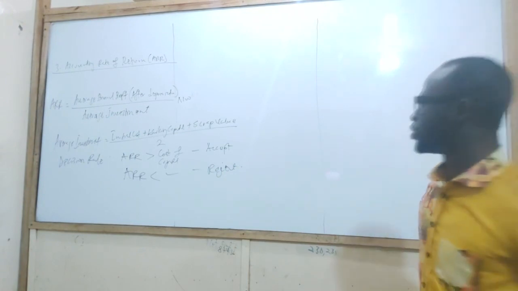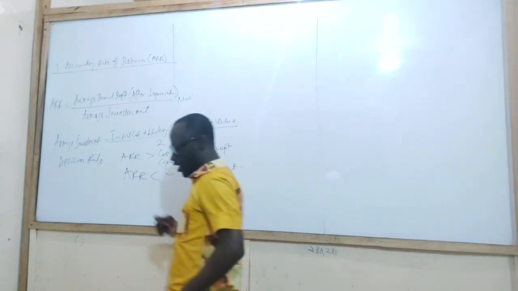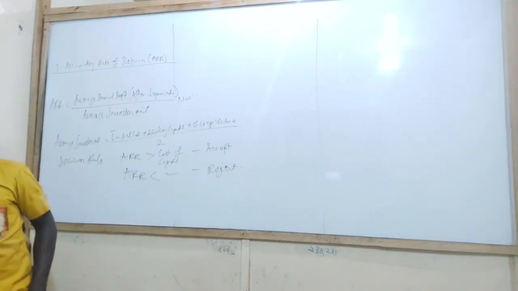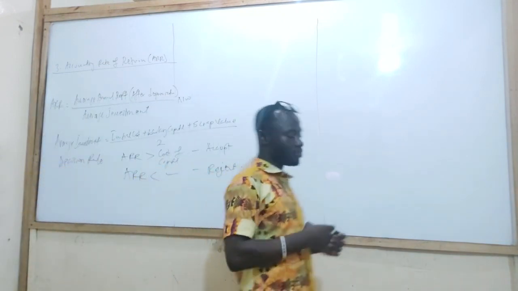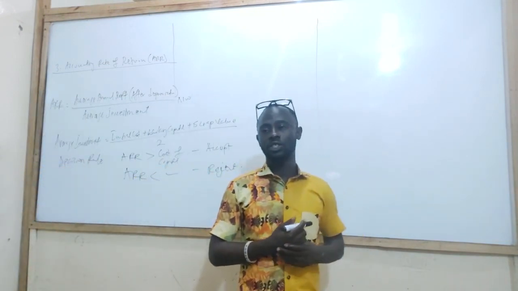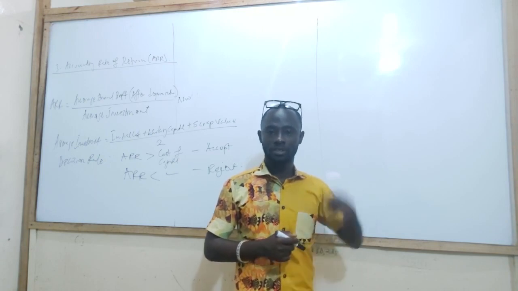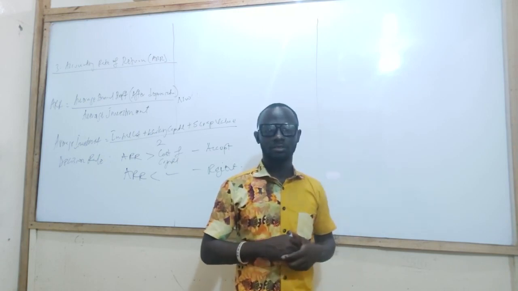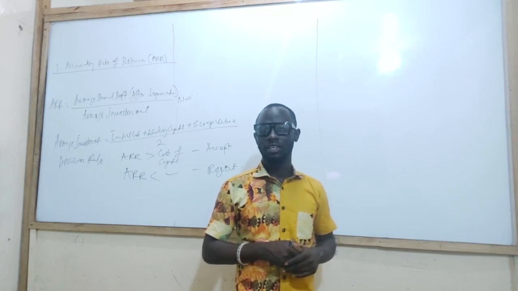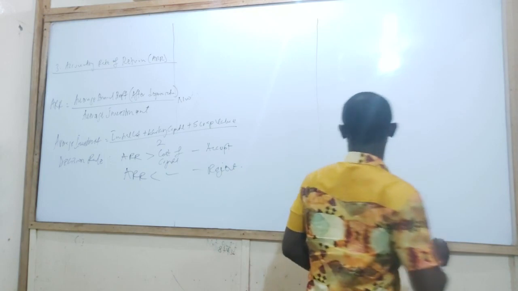Let me see if I can use that. What do we have? The question we solved, we used to solve the discounted payback period. Read it for me and let me see.